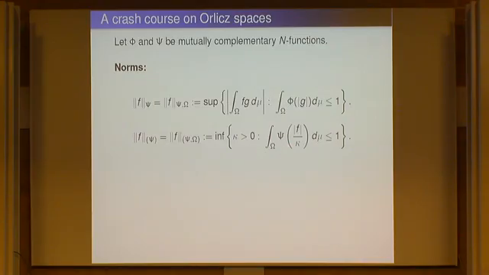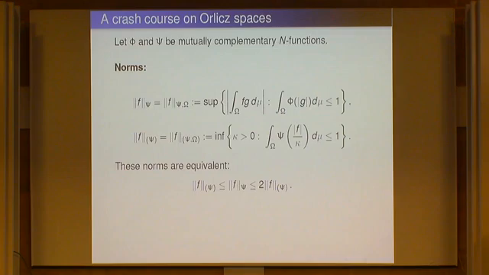You hope that for large enough kappa, this will be small enough to ensure that this integral is less than or equal to 1. Then you look for the smallest kappa for which this is the case. This is another way of defining a norm, and these norms are equivalent.